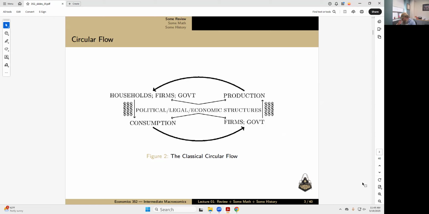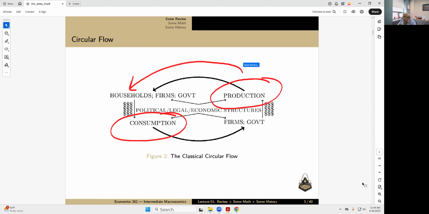The point of the circular flow is that you have consumption and you have production, and they have a feedback loop-esque relationship with each other. Production creates consumption, and then consumption in turn creates production. This is a fairly interesting way to think about economic systems, and I would also argue that it is, in some sense, a correct way to think about the macroeconomic system.